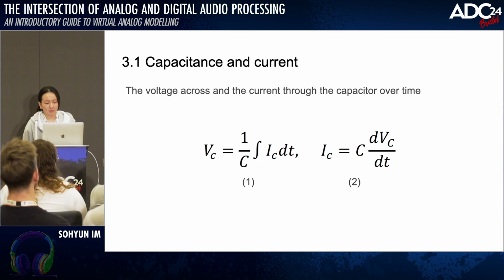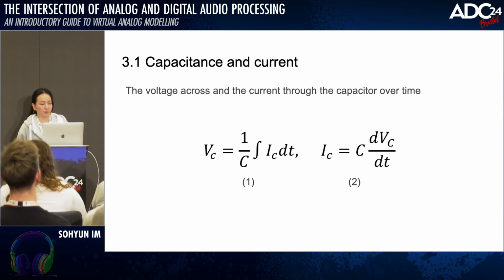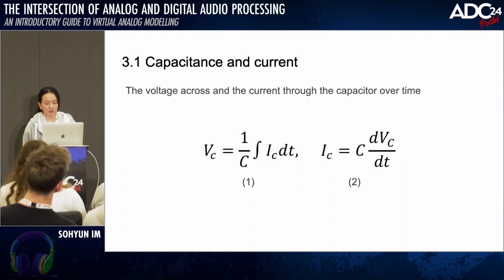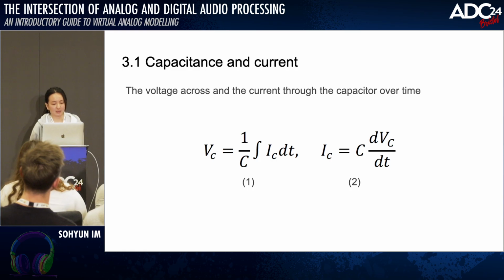These equations represent the voltage across and the current through the capacitor in an analog system, so over continuous time. Equation 1 shows the voltage across the capacitor is equal to the integral of the current flowing through the capacitor divided by the capacitance.